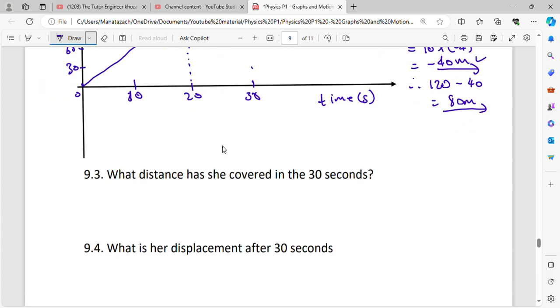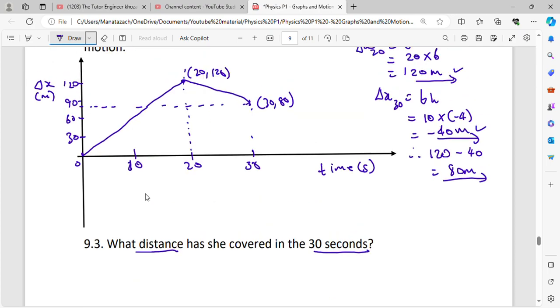And then let's go to the third question. What distance has she covered in 30 seconds? Remember, distance is a scalar quantity. So for the distance, you don't take into account the negative sign.